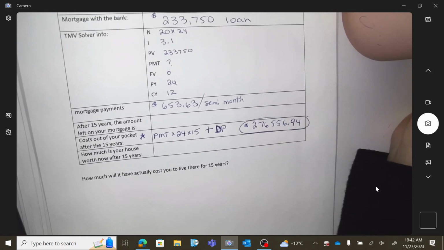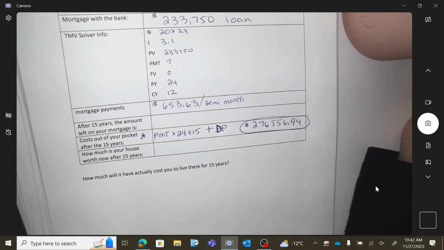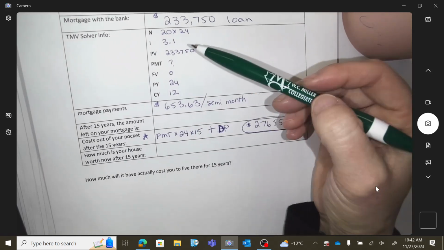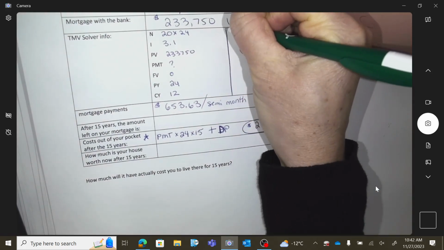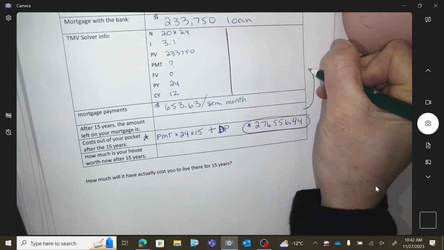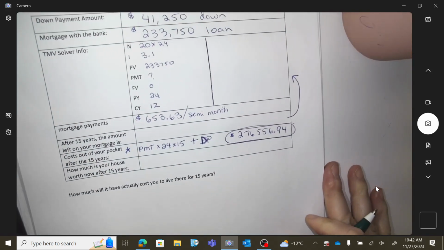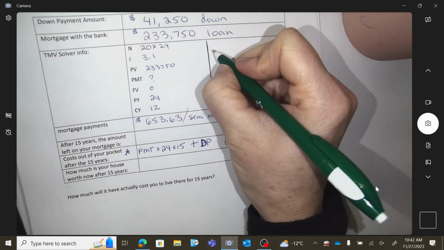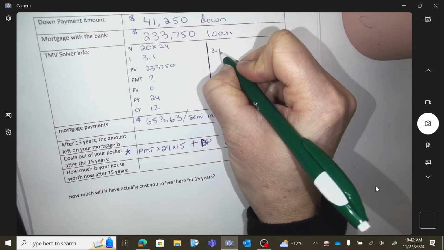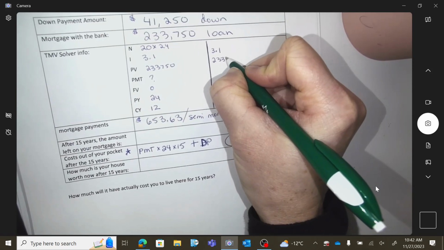Okay, so let's go back to our mortgage. So what I'm going to do, I'm going to put this up here. Okay, so we're going to leave most of the stuff the same, the 3.1, the start.